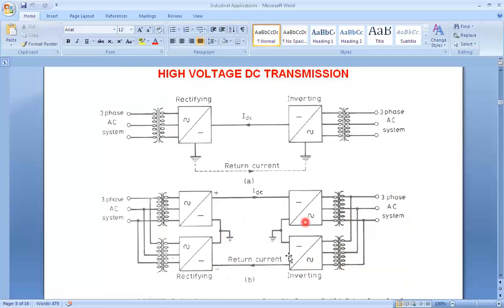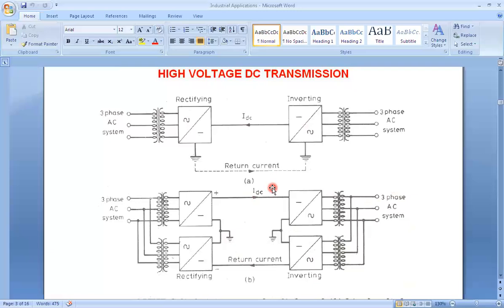If the supply system is healthy, the power consumed by the load is, let's say, P amount of power. And if a fault occurs in one of the lines, then we can still supply continuous, uninterruptible power, but half of the rated power can be transmitted until the fault is cleared.